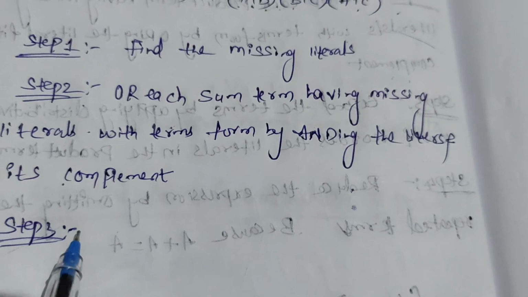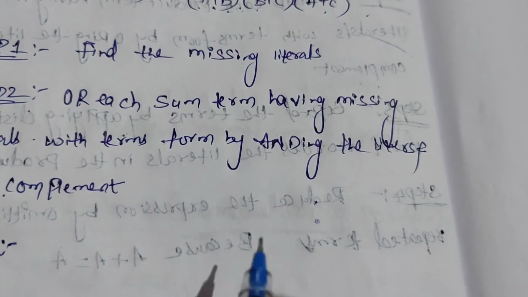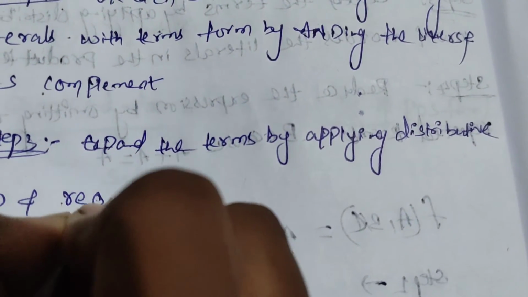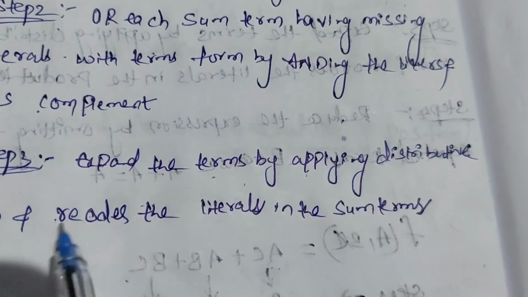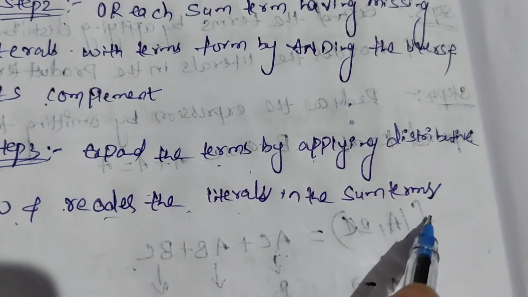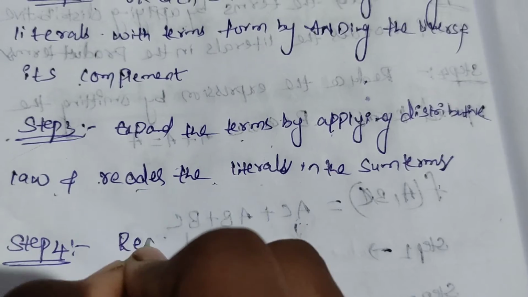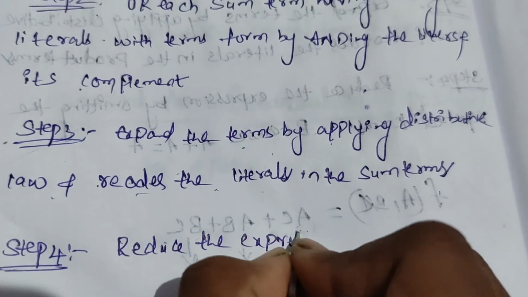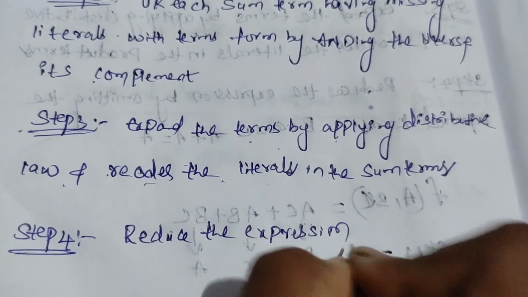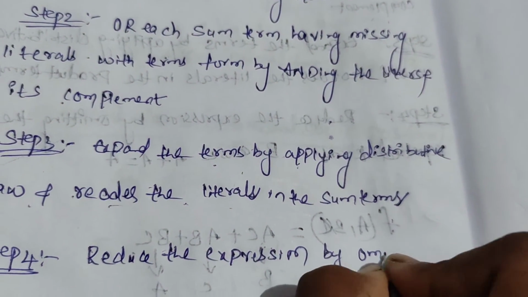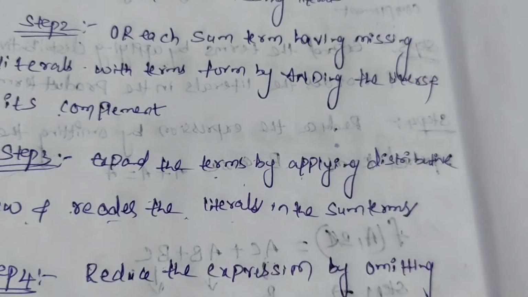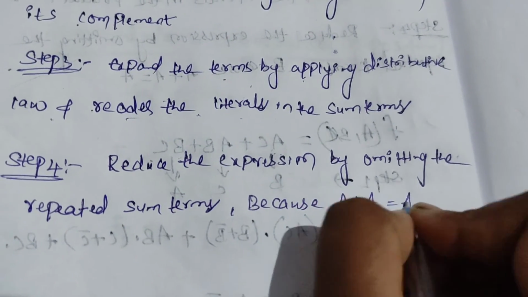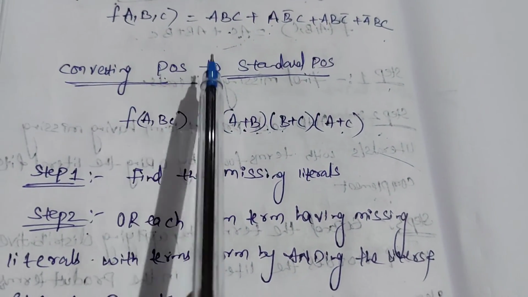In step 3, expand the terms by applying distributive law and reorder the literals in the sum terms. And in step 4, reduce the expression by omitting the repeated sum terms, because A into A is equal to A. We will see the conversion.